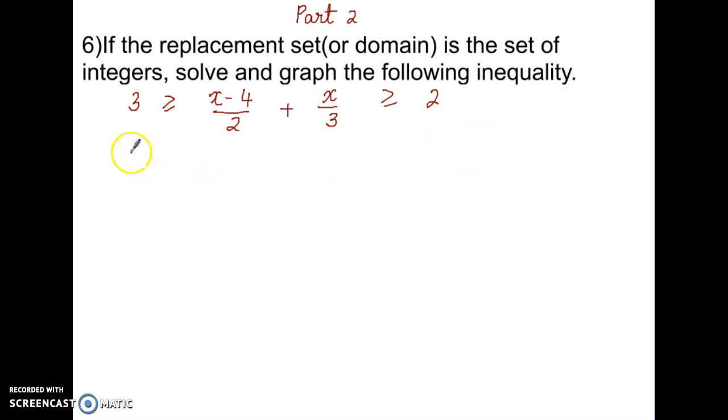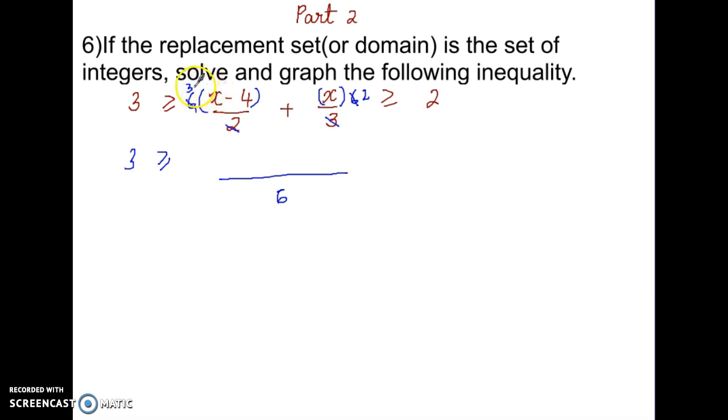So I'm going to simplify this now. 3 greater than or equal to, in order to make the denominators the same, I'm going to take the common denominator, which is 6. I'm going to multiply this with 6 and this with 6. Okay, so we know that 2 goes into 6 3 times and 3 goes into 6 2 times.